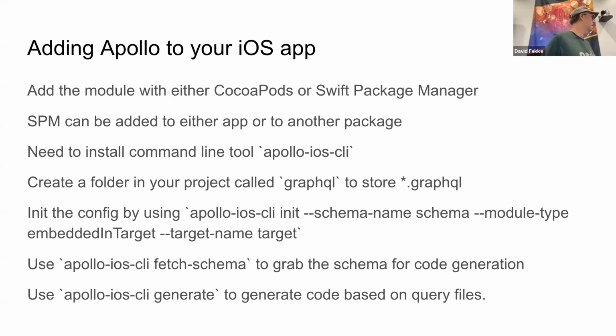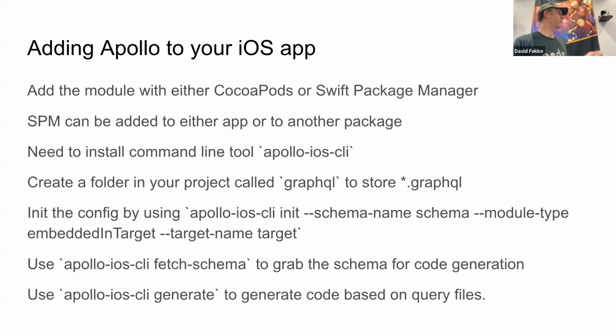When you go to init the Apollo client, it gives you an option to init it either for the application itself or into a module that you're creating. One thing that's also very popular with iOS development right now is putting specific sets of code or business logic into its own package, and then adding that into a specific package.